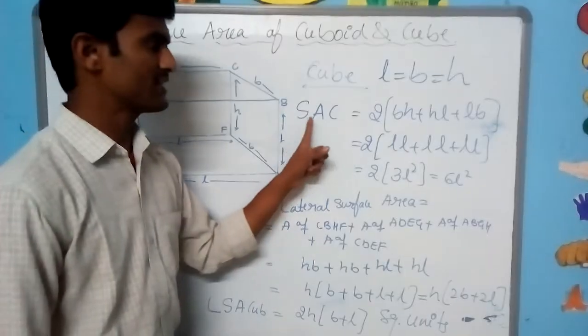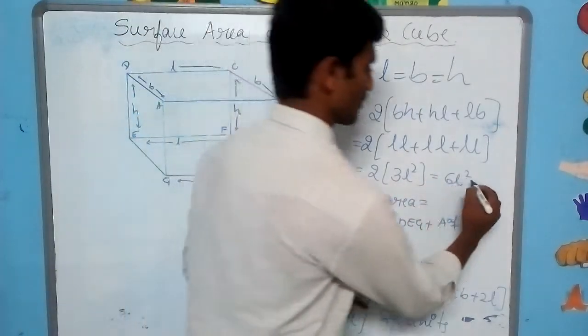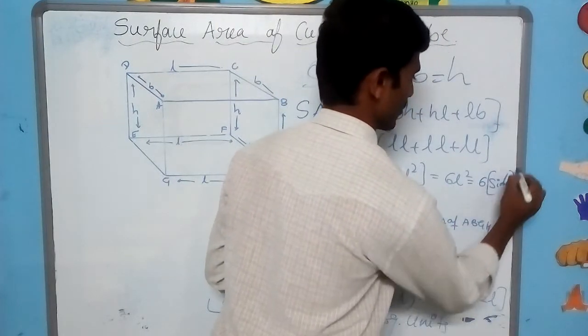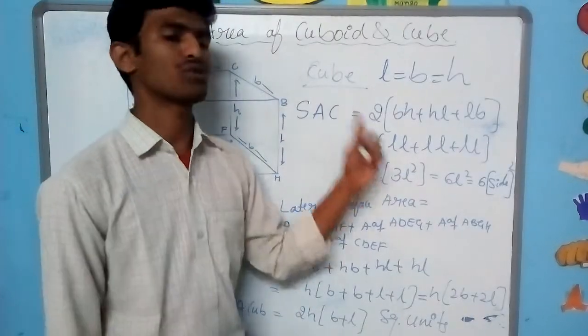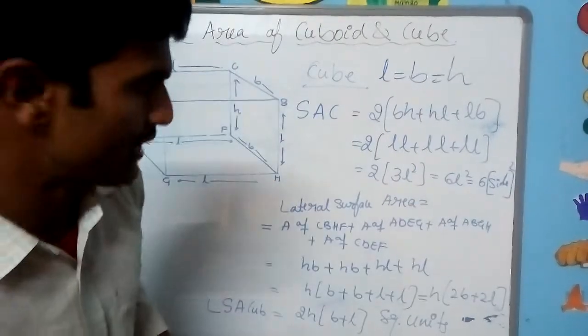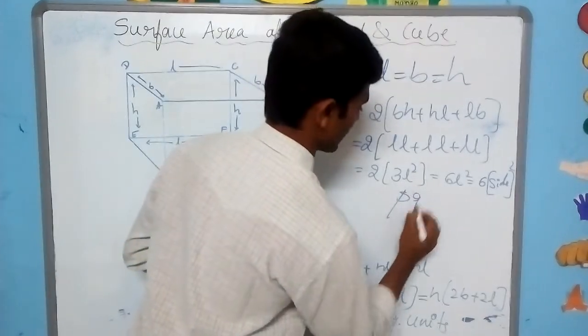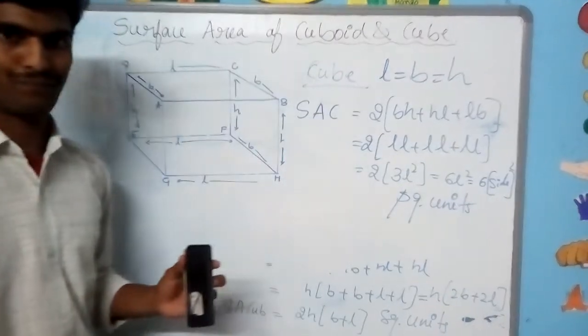Therefore, the surface area of the cube is 6 times L square, or 6 times the square of the side, and that should also be expressed in square units.